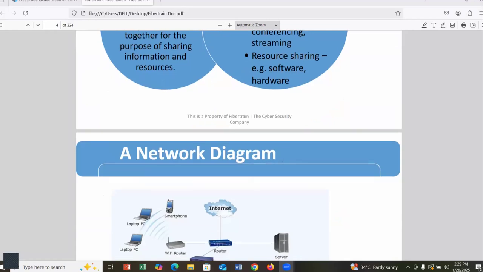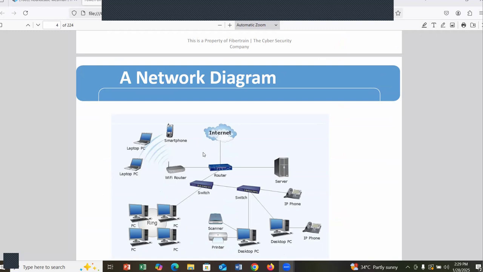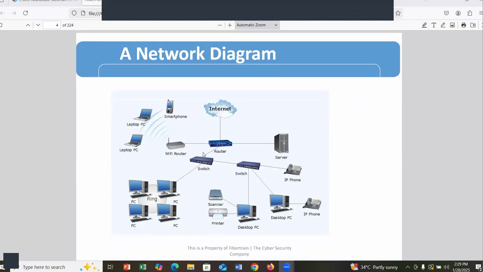So the next thing we'll be talking about is a network diagram. When you're talking about a network, how does a network look like? Here is a diagram of what a network looks like, when we have a router connected to a switch, and this router connected to another wireless router.